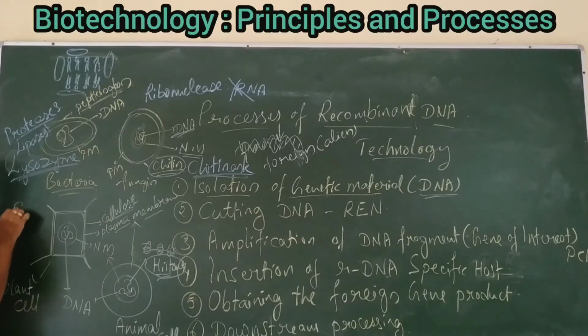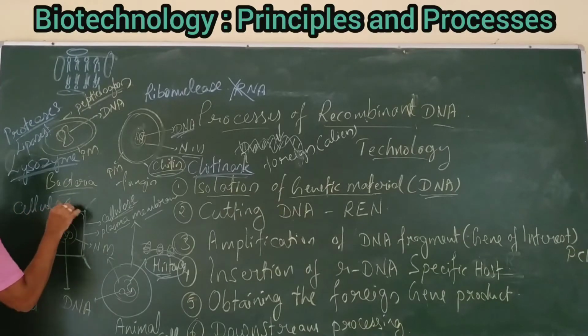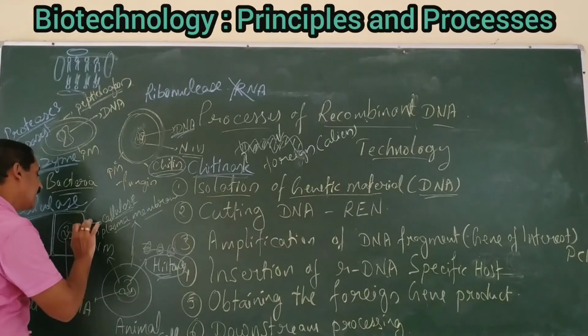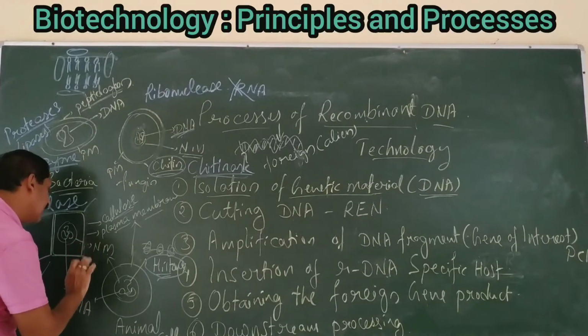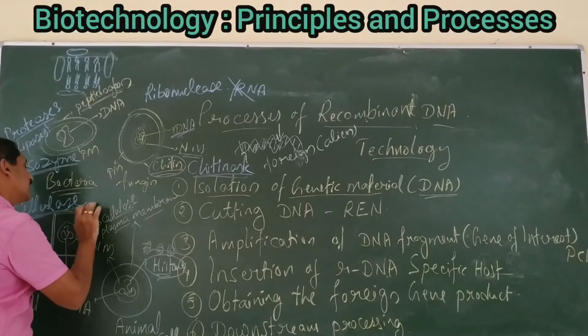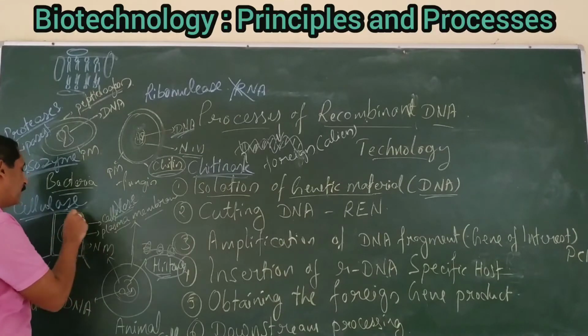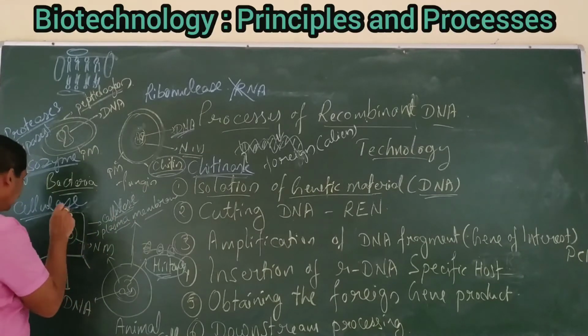In the same way, for cellulose as the wall material in a plant cell, we can use the cellulase enzyme. By using the cellulase enzyme, we can totally destroy this wall material, breaking the cellulose component of the cell wall in plant cells.